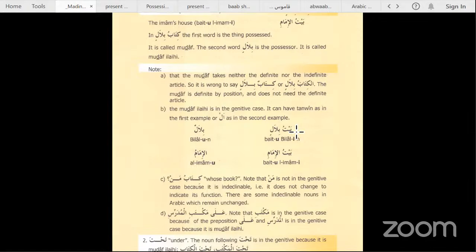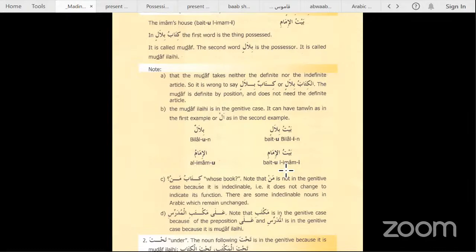And when the mudaf ilayh comes with alif lam, what happens then? It's no more a tanween, it becomes a kasra. So examples, please. Instead of baytu, when we have baytul imami, because we have alif lam, the meem gets a kasra.